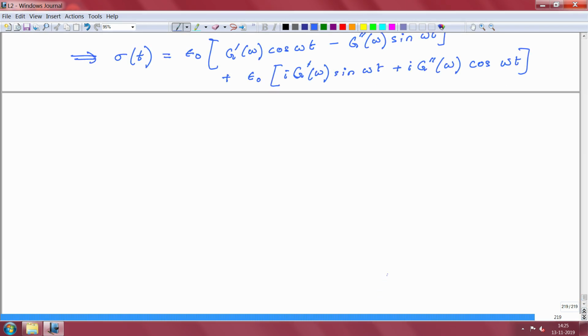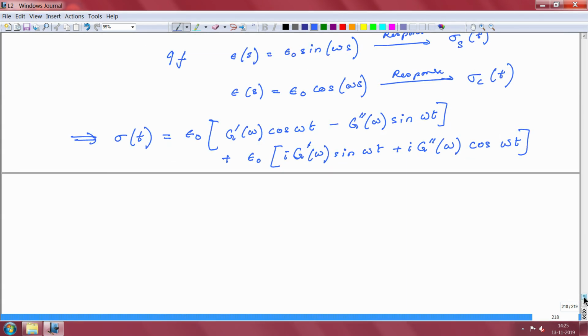Okay. So, what we want to do now is let us get all the G dash terms together. So, what we should do now is we should get all the similar terms together. So, we will say epsilon naught into G dash of omega, so you put it in a bracket.